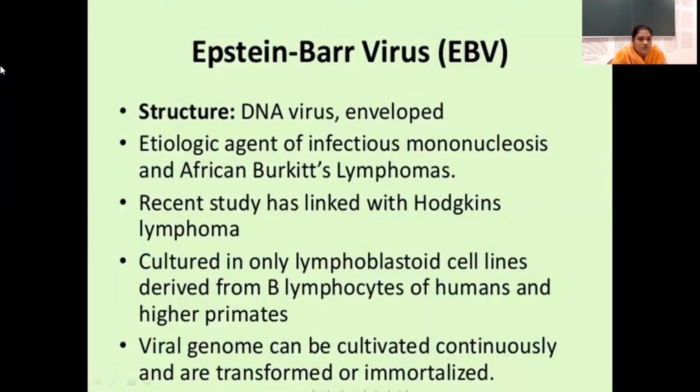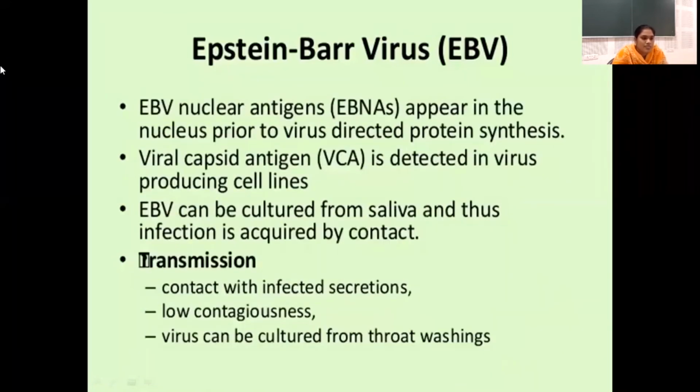It is cultured only in lymphoblastoid cell lines derived from the B lymphocytes of the human and the higher primates. So the transmission is usually by contact with the infected secretions. It's low contagious. It can be cultured from the throat washings.